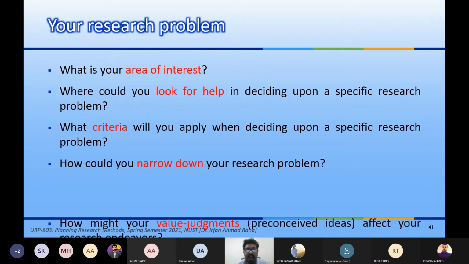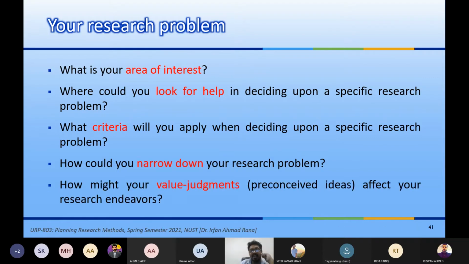The main thing which comes to your mind is that the questions or the problem statement can also be retrieved from your literature review. If you have a very good literature review, your research problem will be very much research oriented.